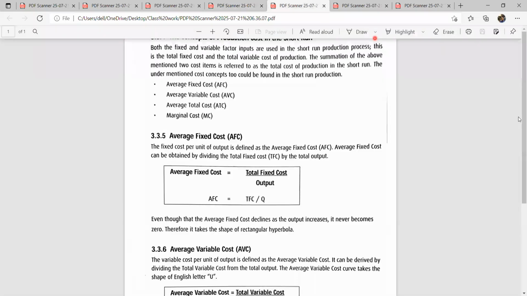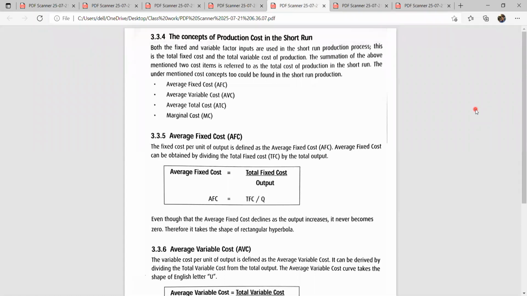Right. So it says here the concepts of production cost in the short run.